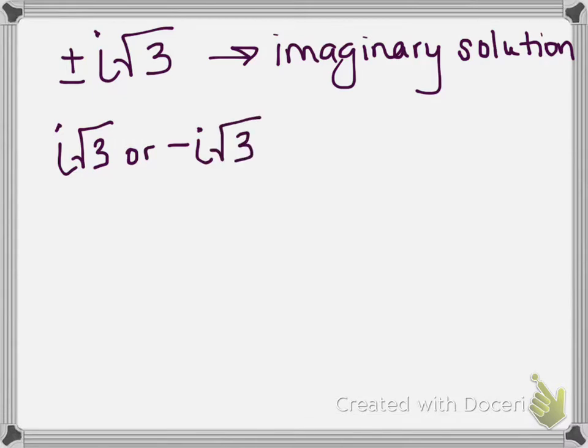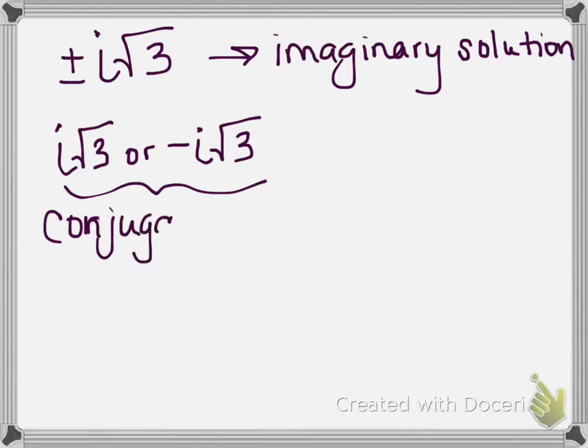If we write them like this, these guys are called a conjugate pair. Nope, that's a J. The G comes later. Conjugate. They're called a conjugate pair. So if you go back to your notes, conjugate pair, because they're in the form of a plus b times i and a minus b times i, but a is 0.